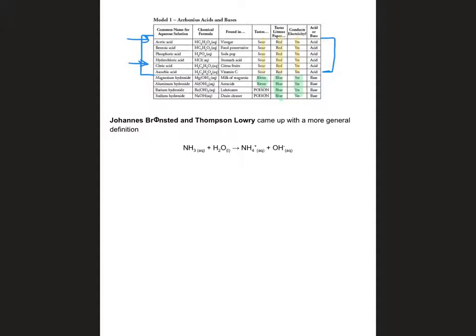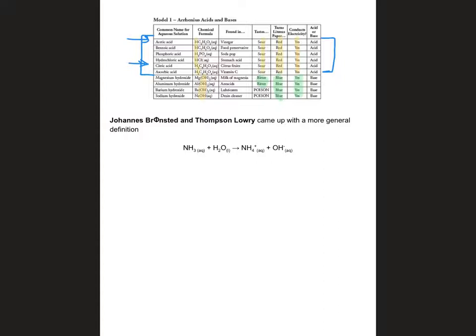Notice that for all of the acids, they all have a proton or a hydrogen that they can give up. And if you take a look at the bases, they all have an OH connected to them for this definition.